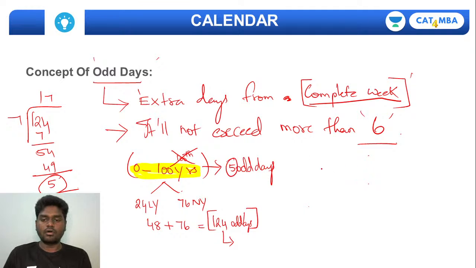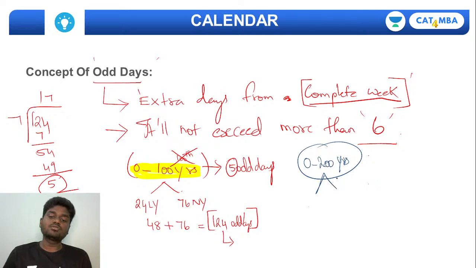And if I go for 0 to 200 years, then again I should know the fact that the 100th year as well as the 200th year is not a leap year.